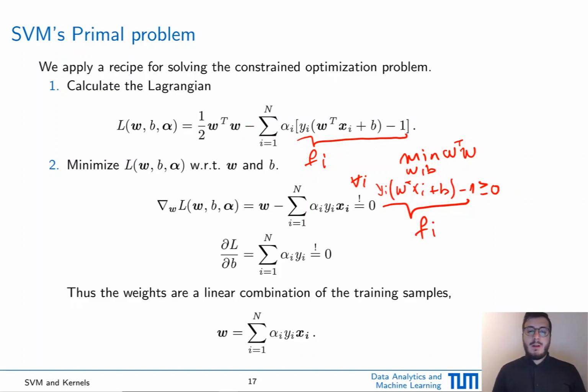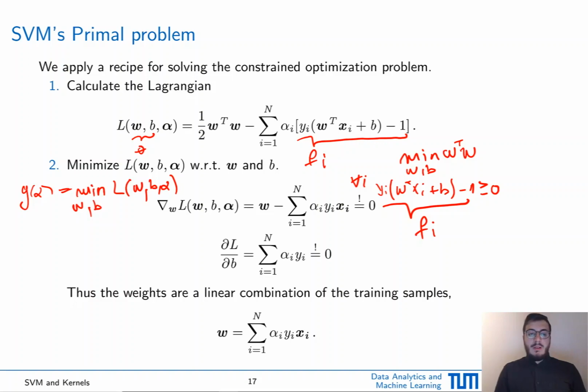Okay, so we've defined our Lagrangian, which is now a function of the parameters theta, so these were the parameters, and the Lagrange multipliers alpha. And the next step was to form the Lagrangian dual function, g of alpha, which is simply the minimum of the Lagrangian function with respect to the parameters, so with respect to w and b.